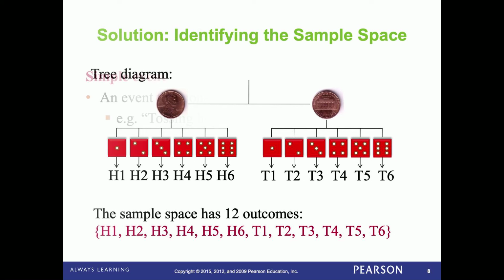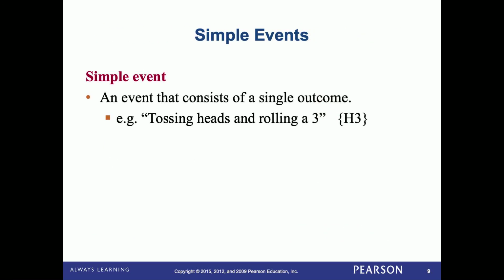Simple event. An event that consists of a single outcome, something very specific. Say we toss heads and roll a 3. So we want heads and a 3. That's very specific. It's a single outcome. That's a simple event.